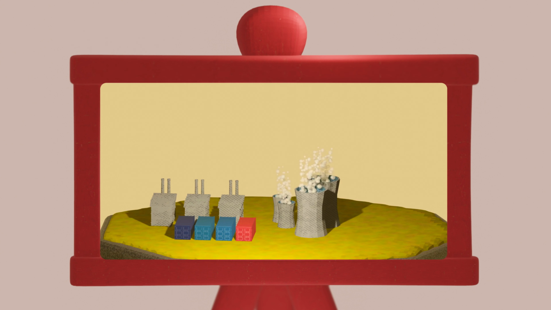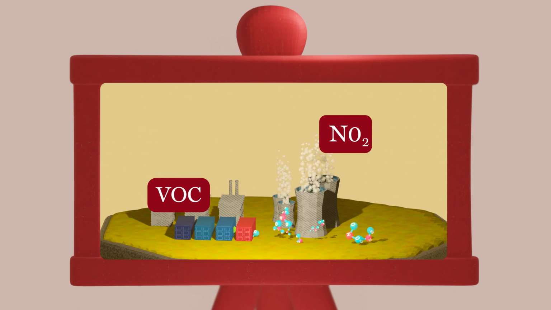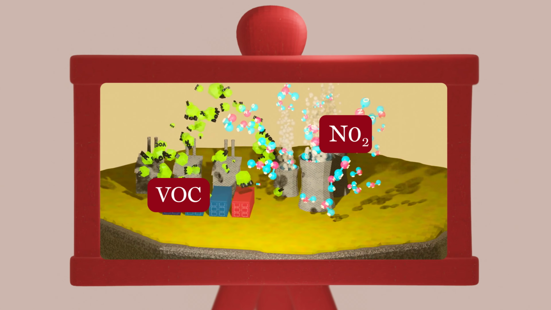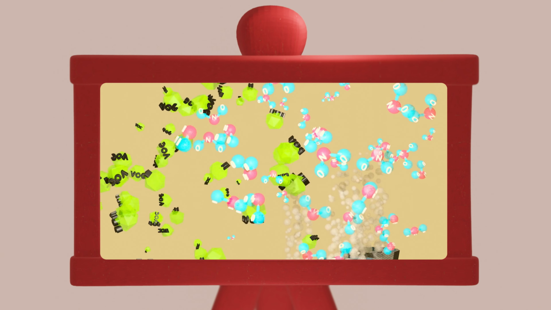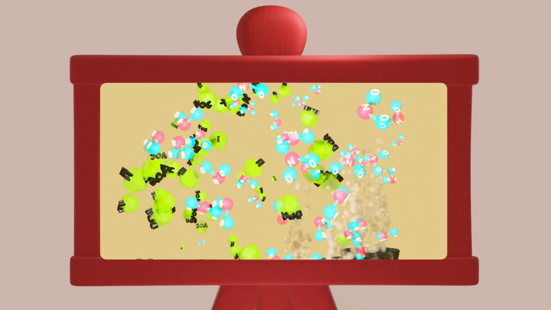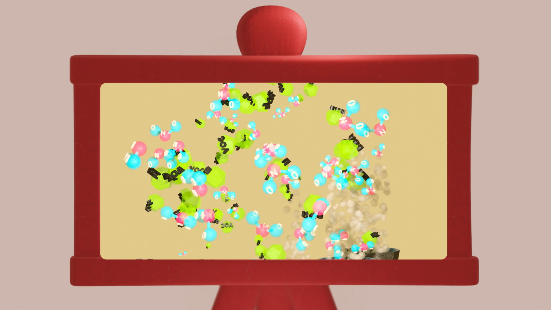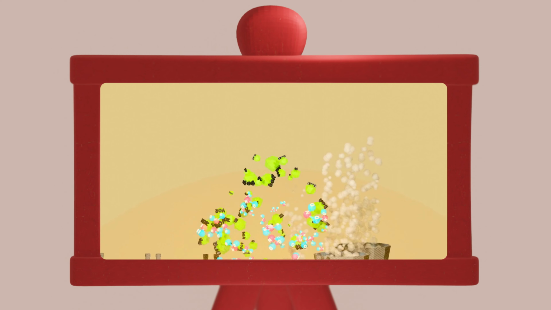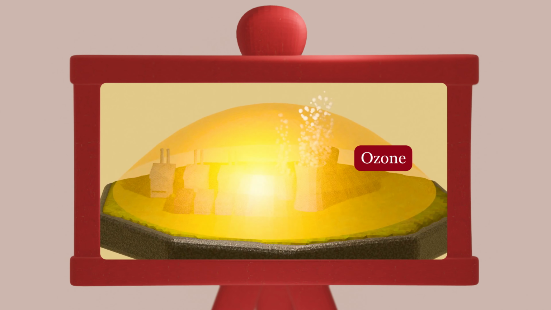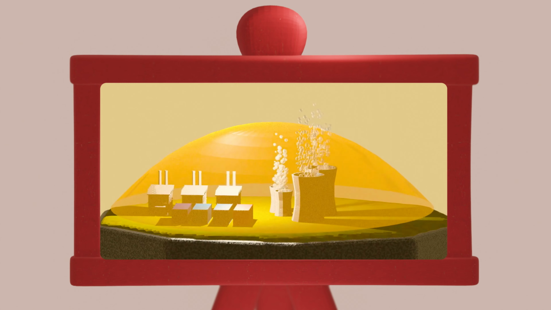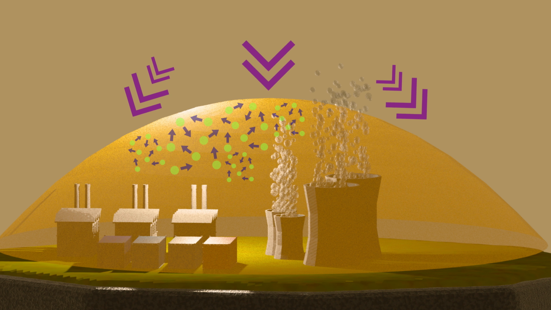Photochemical smog occurs when nitrogen oxides and volatile organic compounds react in the presence of strong sunlight. These reactions produce harmful pollutants such as ozone, which create a hazy brown layer near the ground. This process is most intense in the summer months under high pressure systems that trap warm air near the surface.